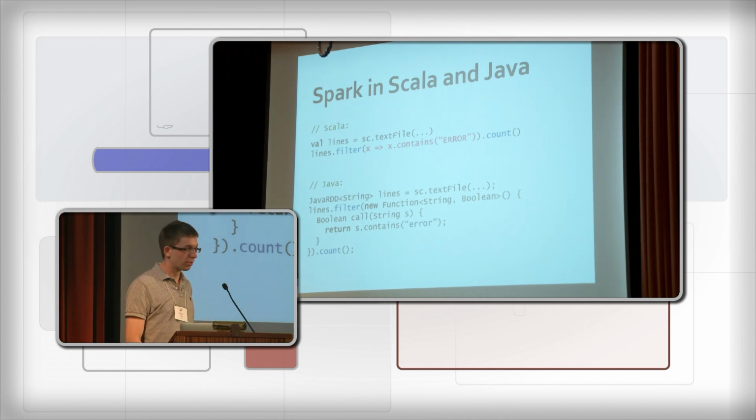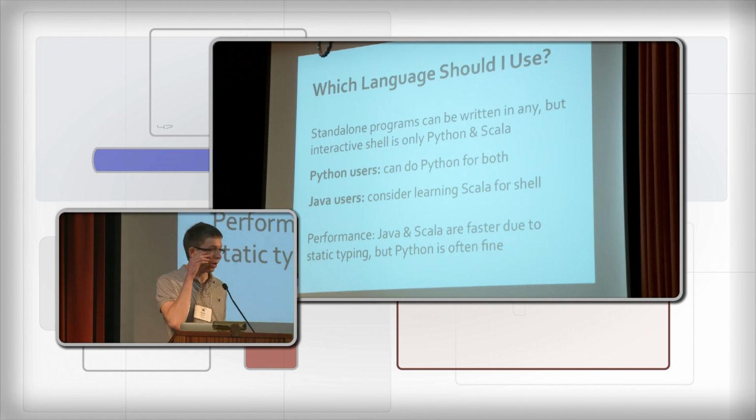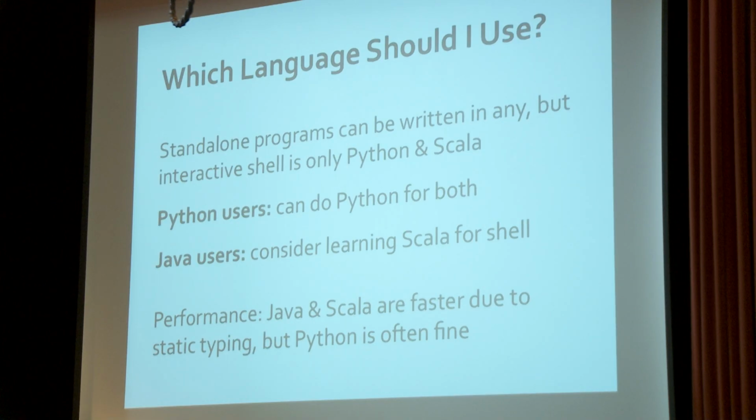Okay, so one of the questions you'll have, given these options, is which language should I use? In the hands-on exercises here, we've designed them so you can do the Spark exercises in any of these languages. Standalone Spark jobs can be written in any of them, but the interactive shell, which I'll show a bunch of, is only available in Python and Scala because Java doesn't have an interactive shell.